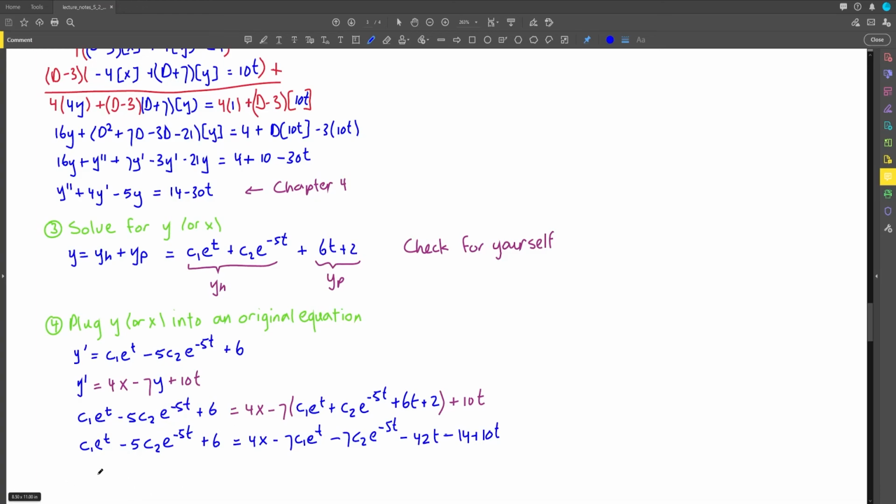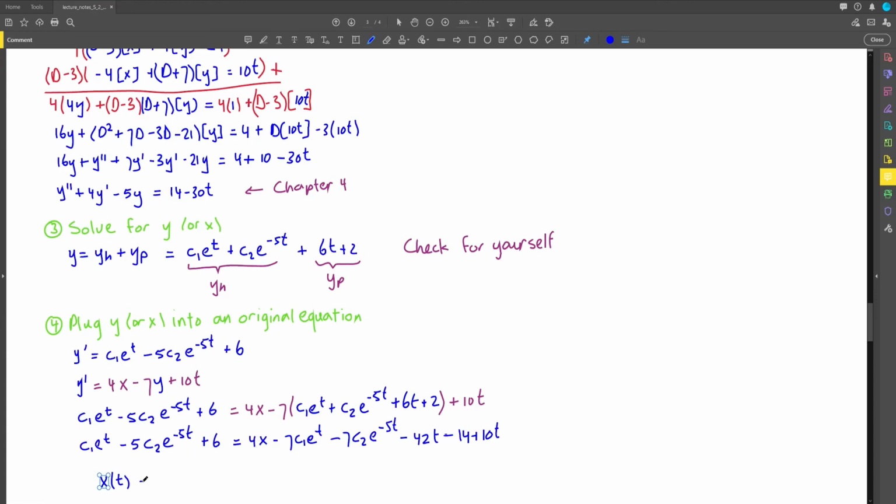And I will leave it up to you to solve that for x, which just involves moving everything that's not x to the right, and then in the end dividing by 4.